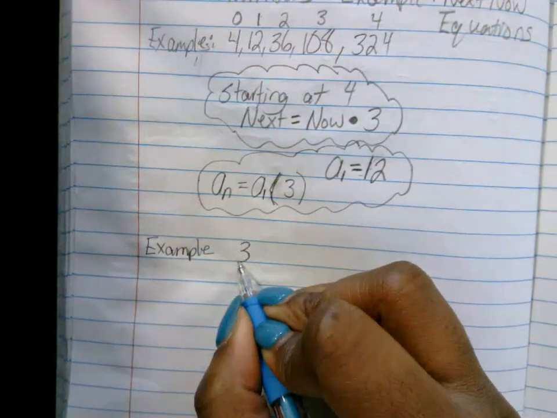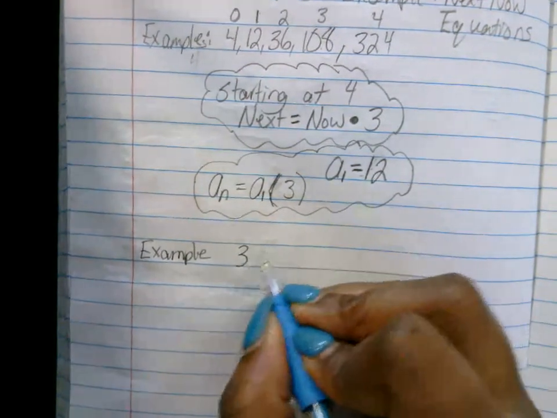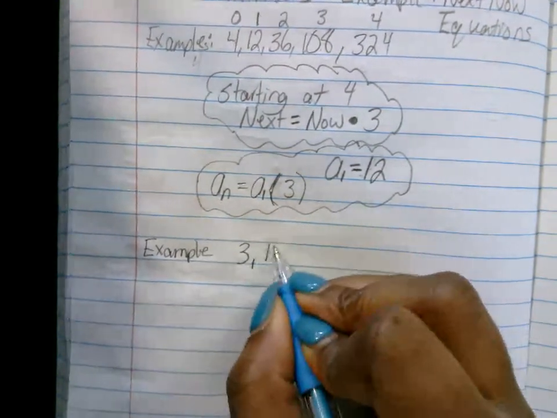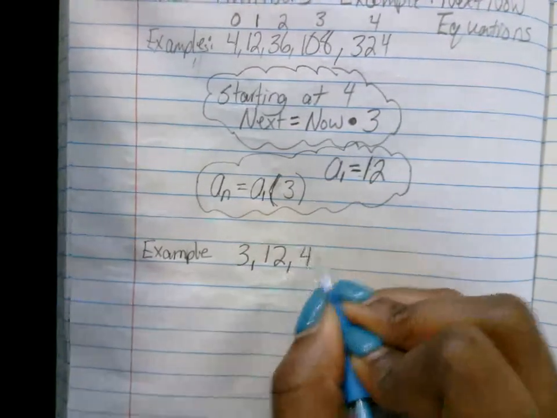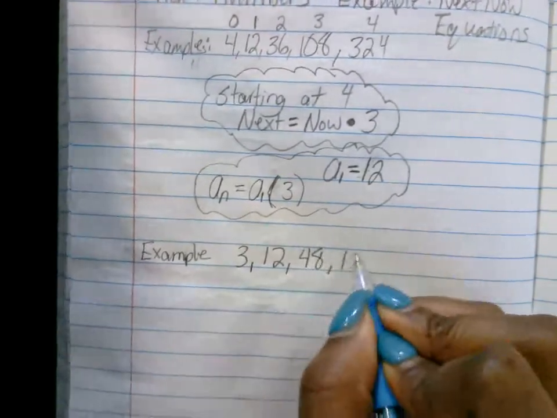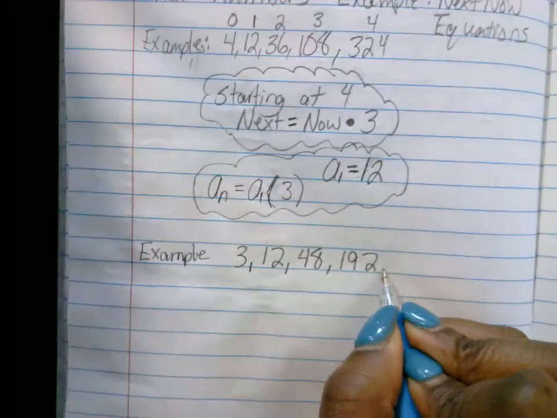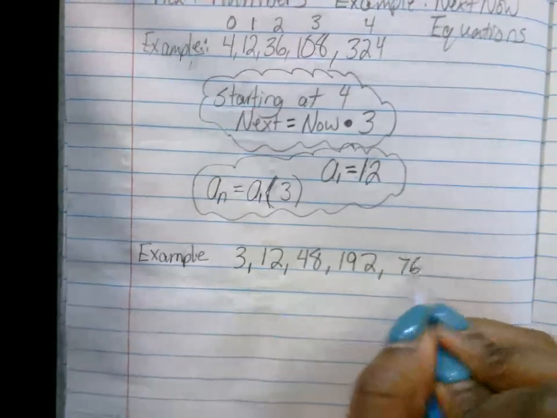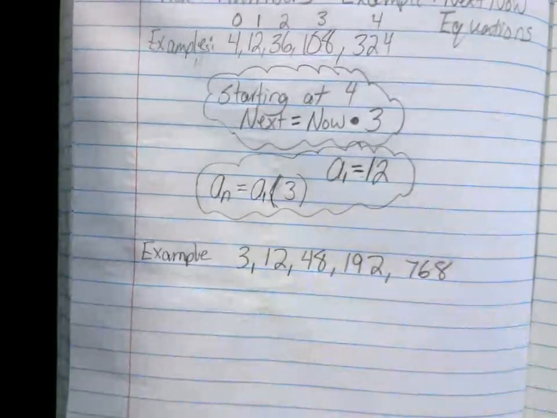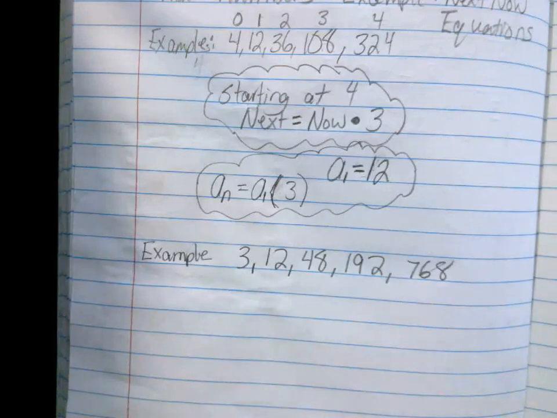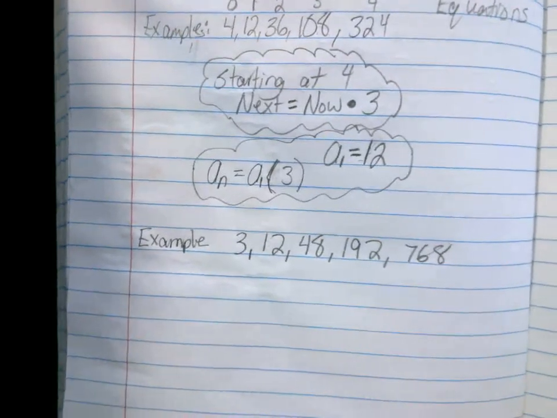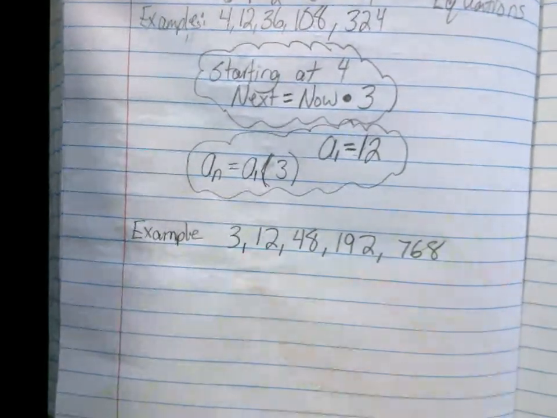Let's make this our zero number. All right, so write a next-now equation for this example here. I'm going to pause for the cause.